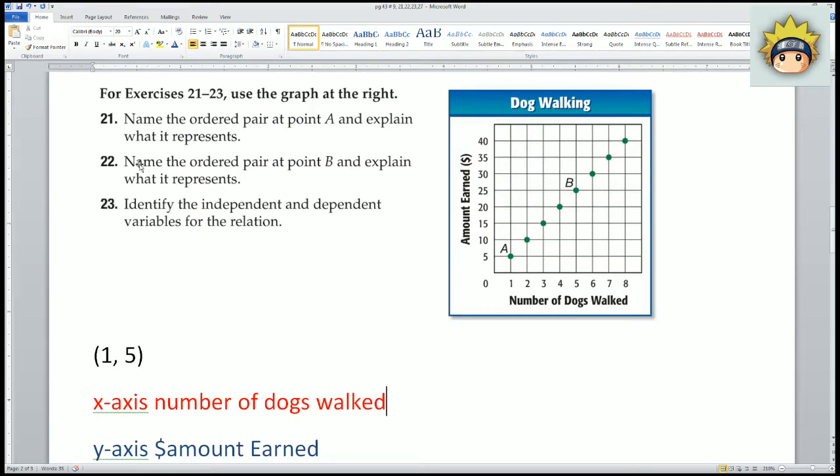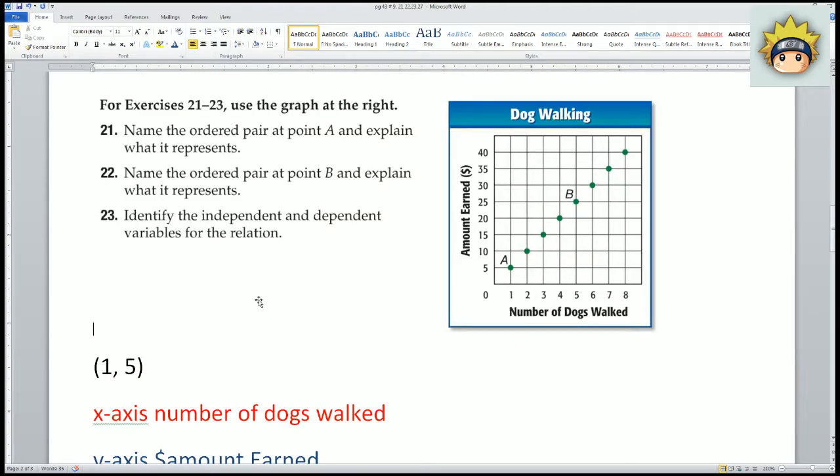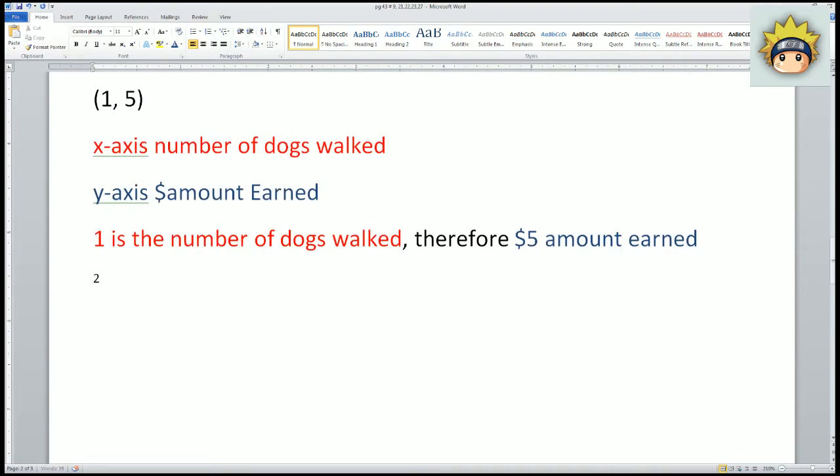Next it says name the ordered pair at point B. Point B is 2 numbers of dogs walked and $10 earned. So that is number 22. Number 22 asks us to do that.